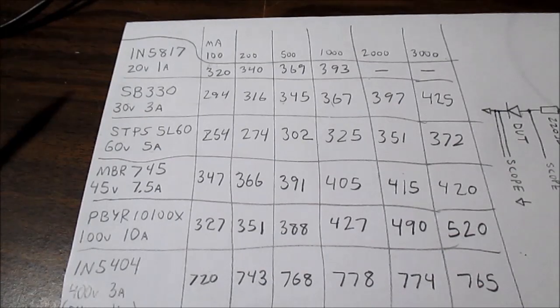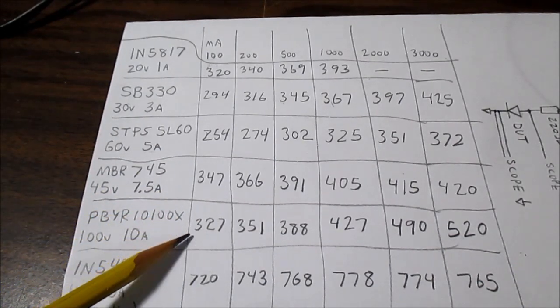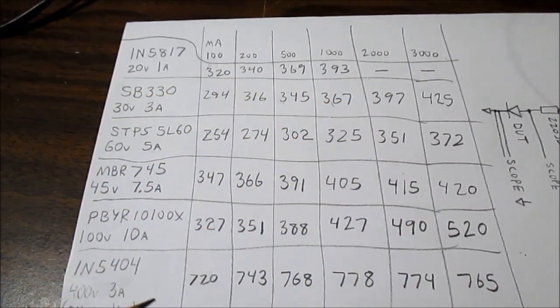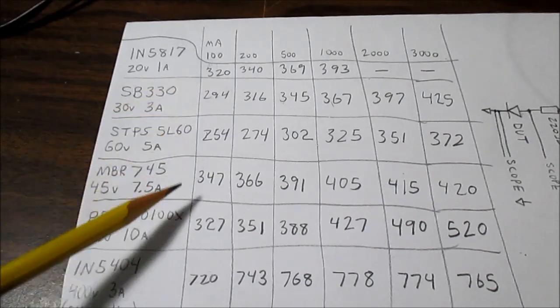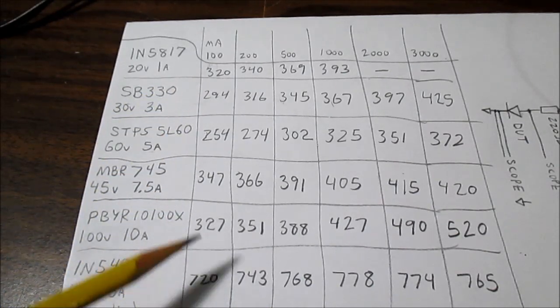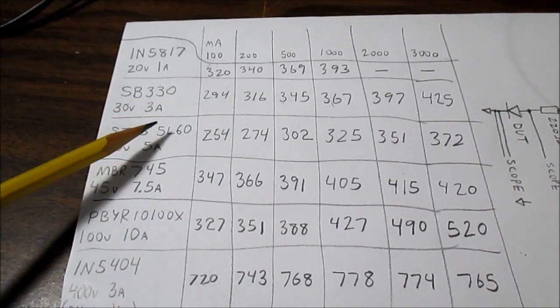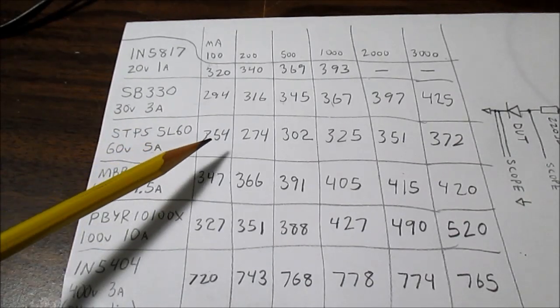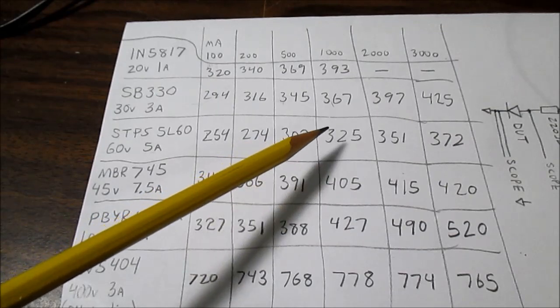And here are the forward voltage drop test results. As you can see, all the Schottky diodes had a lower forward voltage drop than the standard silicon diode by a pretty significant amount. Of all these Schottky diodes, the STPS5L60, 60 volt 5 amp diode, had the lowest forward voltage drop.